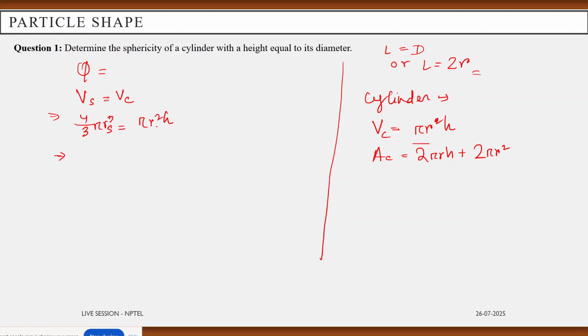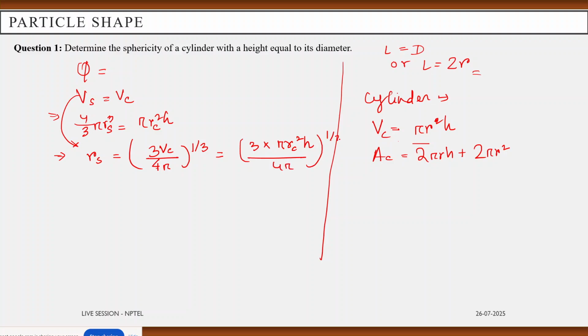So from there you calculate the equivalent radius, which is nothing but 3 Vc by 4 pi to the power 1/3. So you know the Vc value, 3 into Vc, that is pi r square h, it becomes 3.